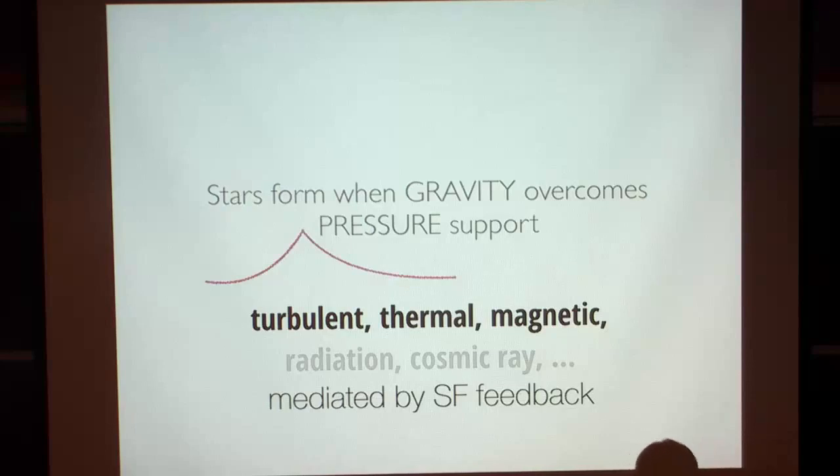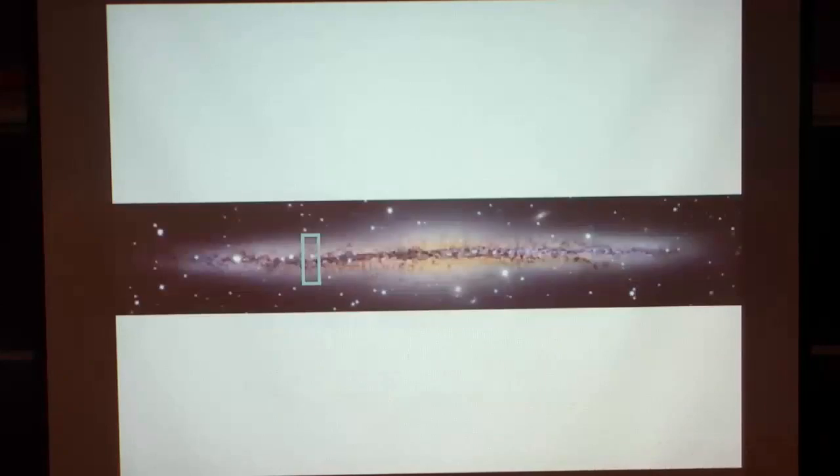So let me give a simple theoretical model for this self-regulation of the star formation first. In this model, I just want to focus on some local region. It's one single resolved element of some nearby survey observation.